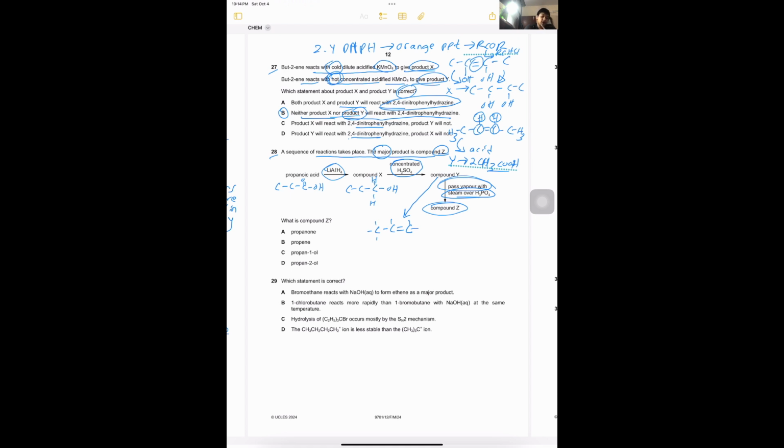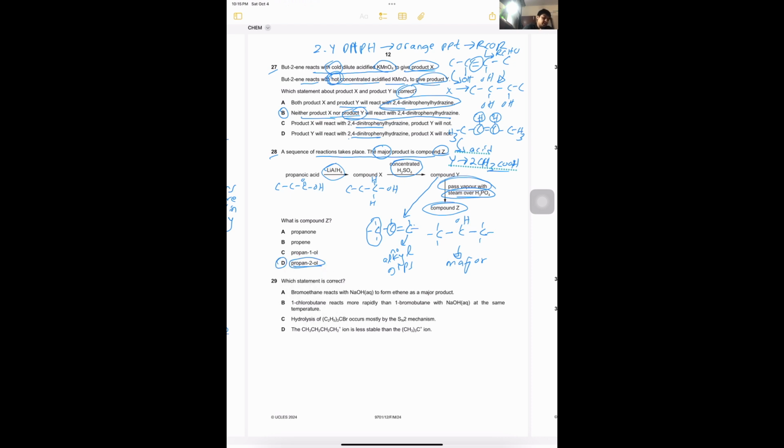In this case, this carbon atom is the second carbon atom because it has one alkyl group, but this one has no alkyl groups, so the product should hence be this one, right? This should be your ideal product. So this is the major product, and this one is propan-2-ol, and so the answer should be D.